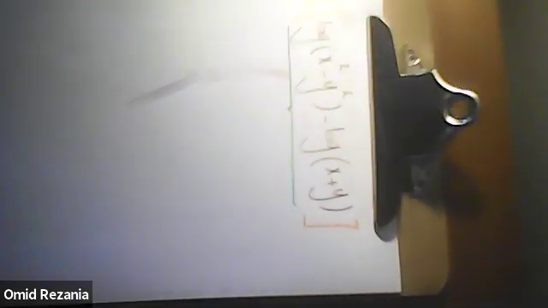Then, if that's the case, I'm going to write it that way. Take these two log functions and write them as one log, correct? One log. What is f of x? What is g of x?